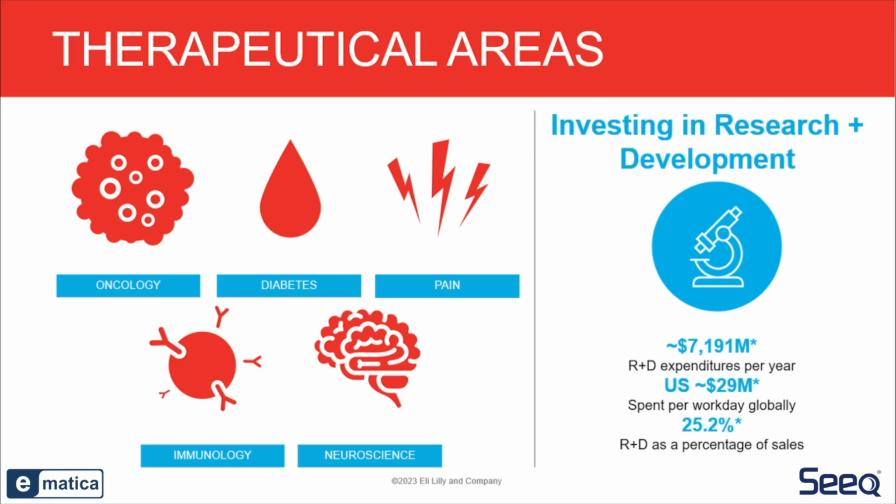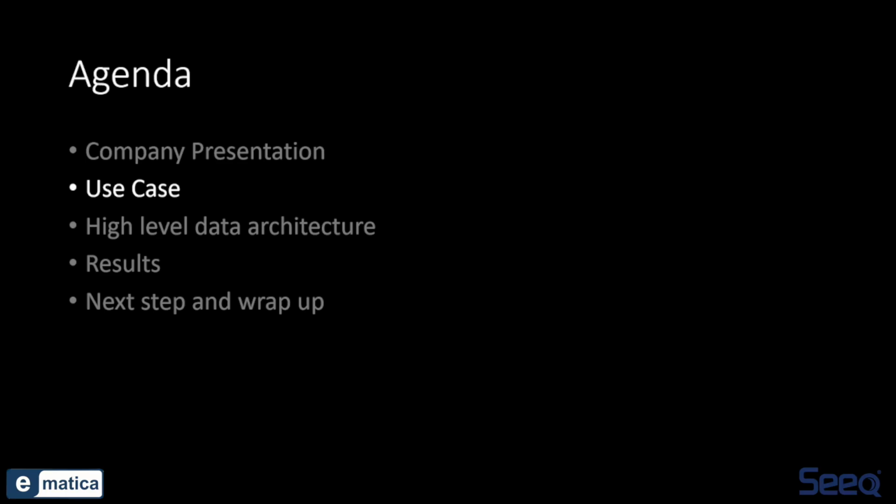Now, this is what we do usually. We deal with drugs for oncology, diabetes, and pain in general. In Italy, we are focusing on manufacturing. And in this slide, you should notice our investments in research.